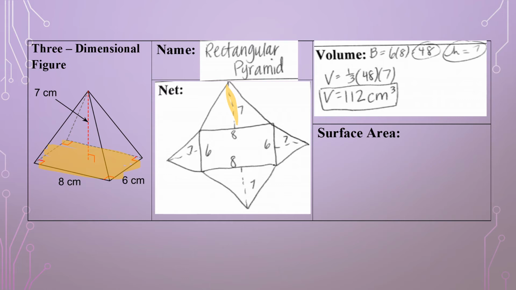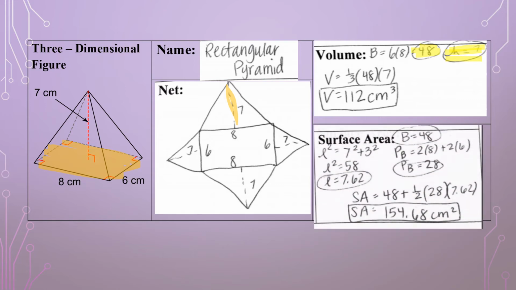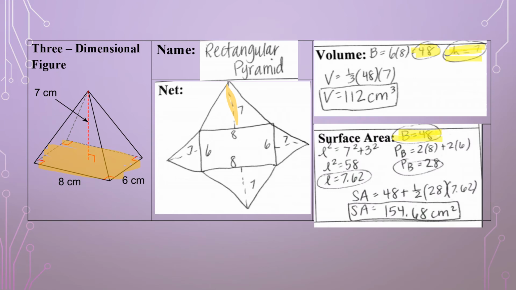The base is a rectangle, so it's base times height, which is 48, 6 times 8, and then the height of the figure is 7. So then just plug that into your equation, 1/3 b times h, and you get 112 centimeters cubed. For surface area, we're going to use that b again, which is 48.